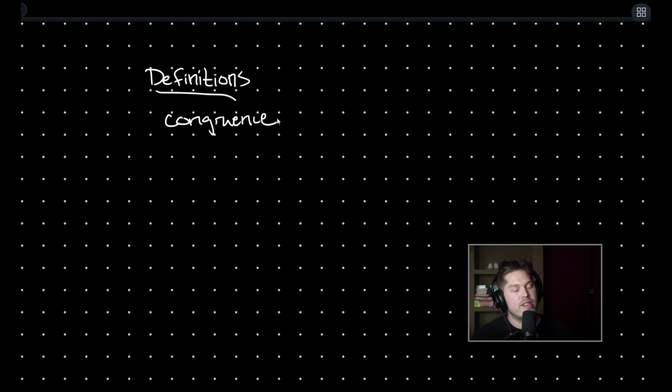So a common one you could see is some definitions. Here let's list some definitions. We can see the definition of congruence. The definition of congruence is simply that if one segment is congruent to another segment, then that means their measures are equal as well.